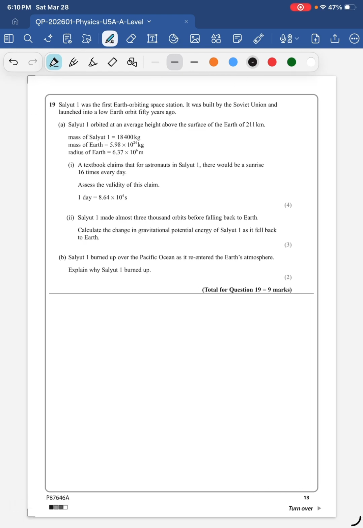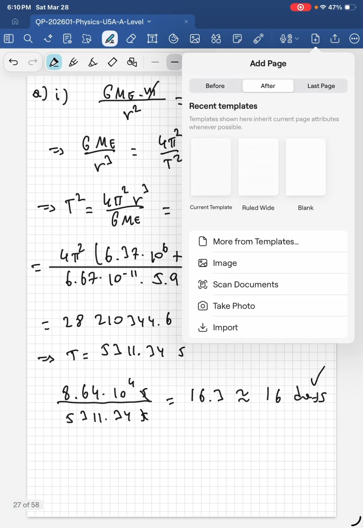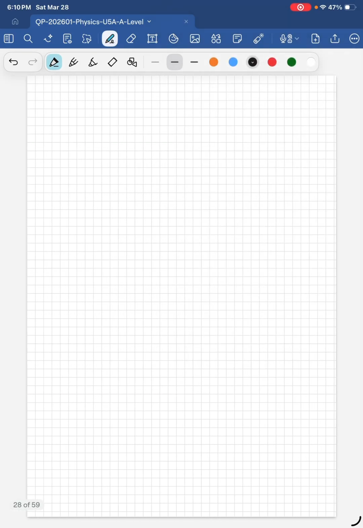2. Salyut 1 made almost 3,000 orbits before falling back to Earth. Calculate the change in gravitational potential energy of Salyut 1 as it fell back on Earth. Okay, let's do this. So the gravitational potential energy at the surface of the Earth is minus GM over the radius of the Earth.